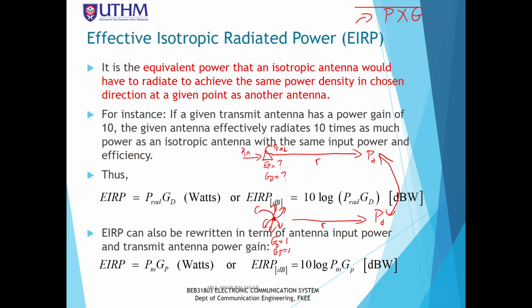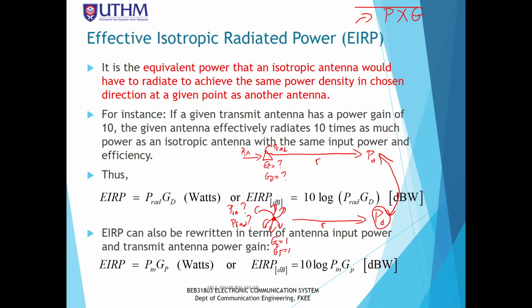So the issue is how much P in, how much P radiation we need in order to achieve the same power density. That's the theoretical concept of EIRP. Perbandingan power multiplied with the gain with the real antenna and isotropic radiator. Itu dia punya theoretical concept.